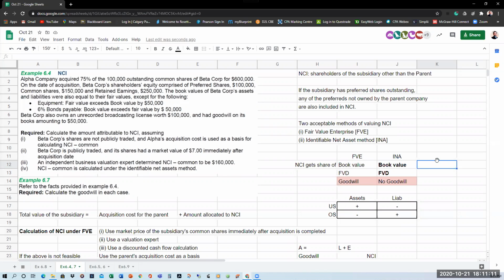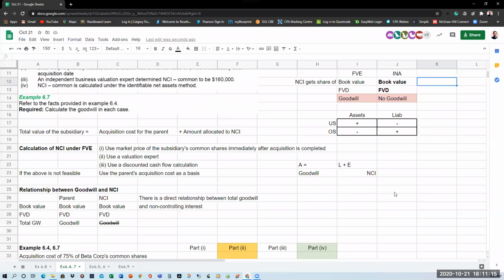goodwill. Okay? Now, regardless, as I discussed in the lecture video, the total value of the subsidiary is equal to the acquisition cost for the parent company, whatever is the cost to acquire control by the parent company, plus whatever amount is allocated to non-controlling interest.